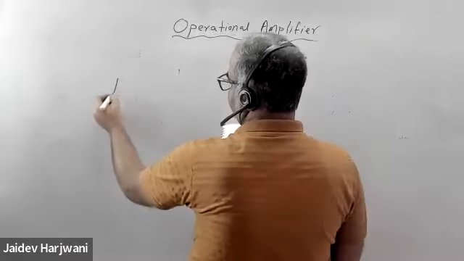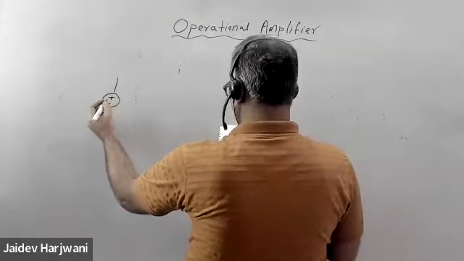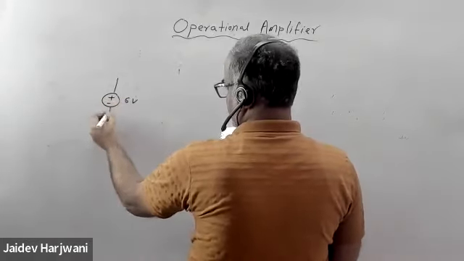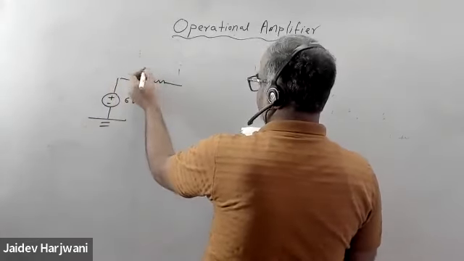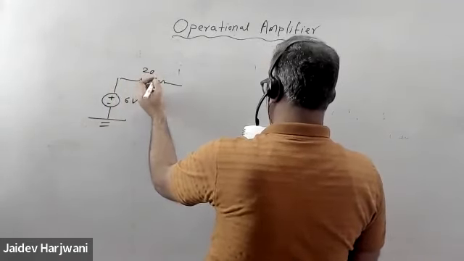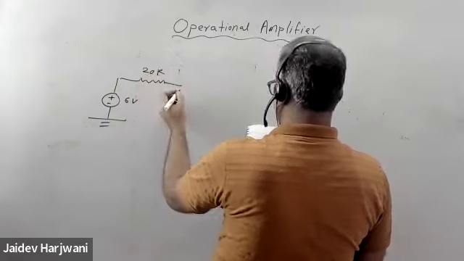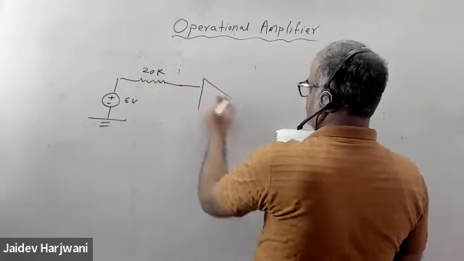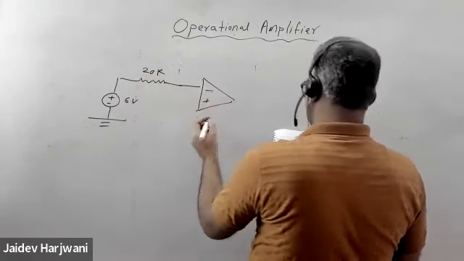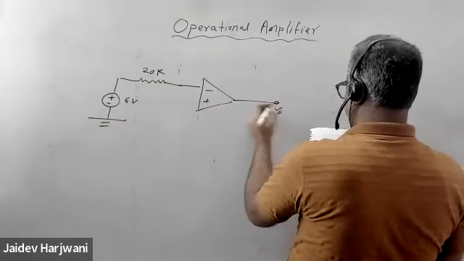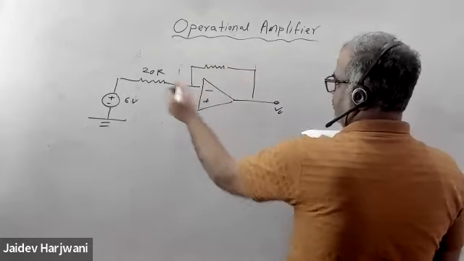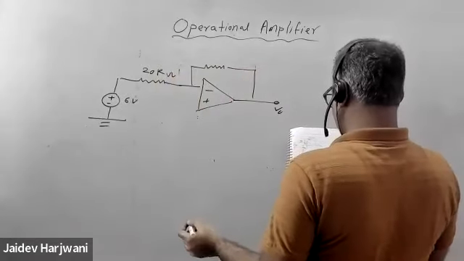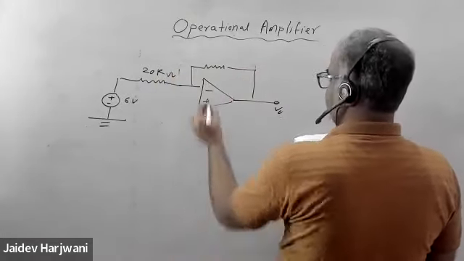So you have been given one source, say 6 volt. You have been given this 20 kilo ohm, V naught, and this is 20 kilo ohm, and this is your 40 kilo ohm.